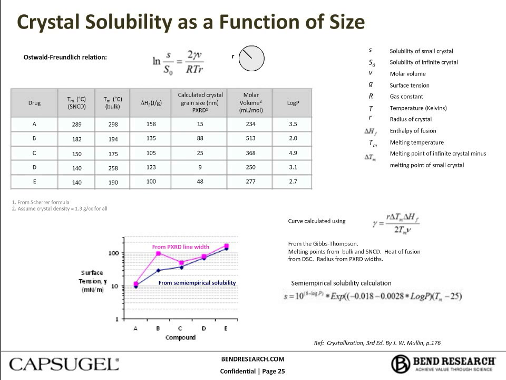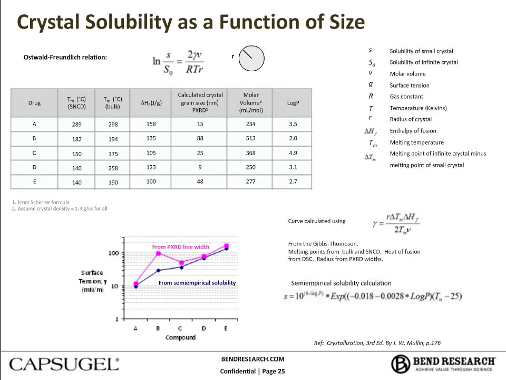And the important surface tension term, gamma, in the numerator, can be calculated using the expression on the right-hand side of the slide, and is derived from the Gibbs-Thomson equation, in which the melting point difference between nanocrystalline and bulk crystalline materials and the heat of fusion can be measured using differential scanning calorimetry.